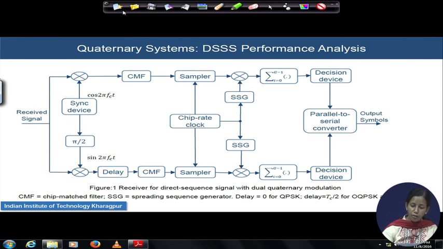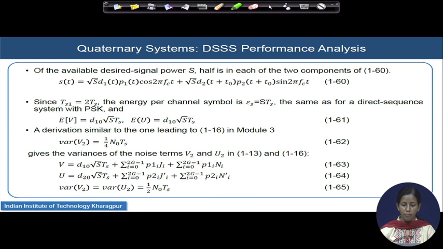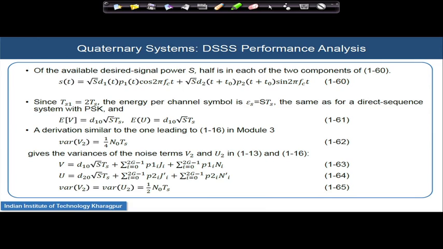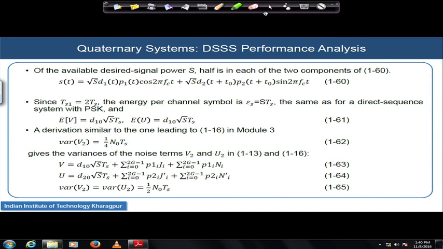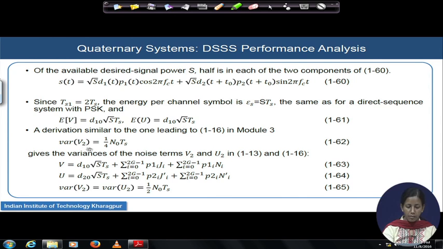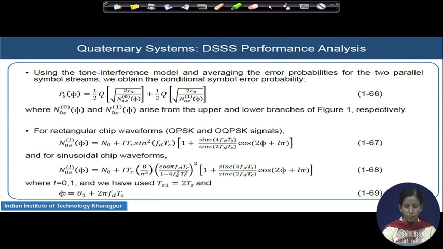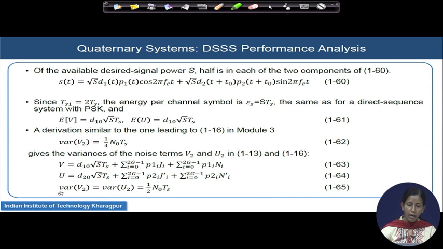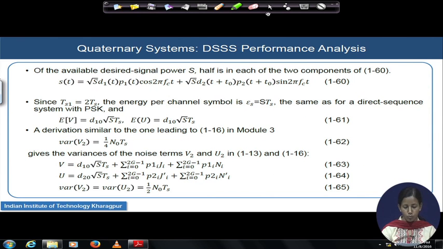And so, the mean value of V and the mean value of U are what we are interested in, because finally we will be interested to calculate the symbol error probability. The mean value of this V and the mean value of this U, both of them will be given by this expression, and following the derivation of the noise component the way we did it for the single carrier communication, we can compute the variance of V2 and the variance of U2.